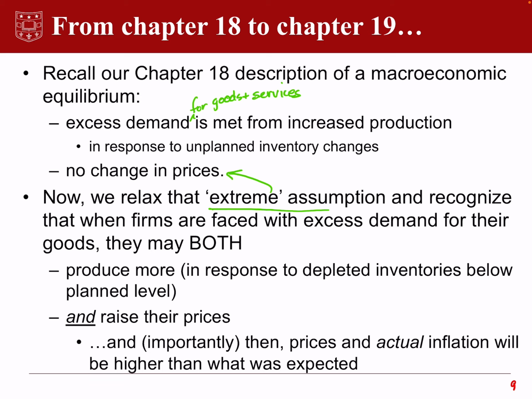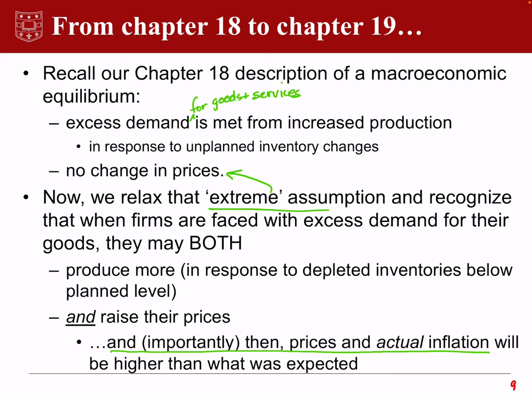And what that means, and this is important in the way in which we're going to depict this graphically, is that when output rises above the level that we thought consistent with the expected rate of inflation, then prices and actual inflation will be higher than what was expected.